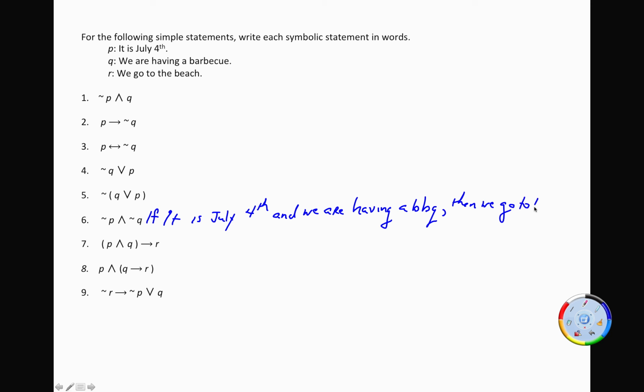And those parentheses help me determine where my comma goes.